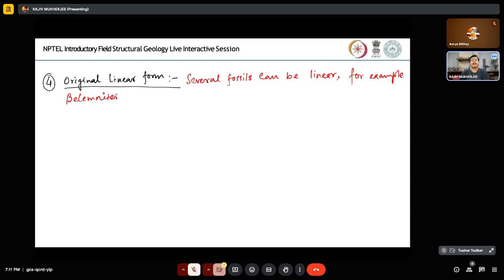So for any stress field where stretching is a component, there will be breaking of these belemnites, and they would serve as essentially Boudin structures.